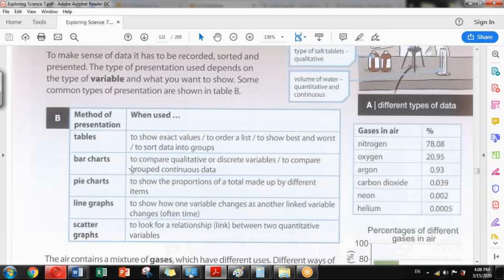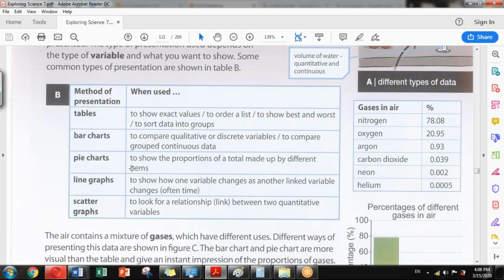You can choose tables, bar charts, pie charts, line graphs, scatter graphs. As you see, guys, these methods are also used in math, and math is massively applied to science also. That's why this is the same, no difference.